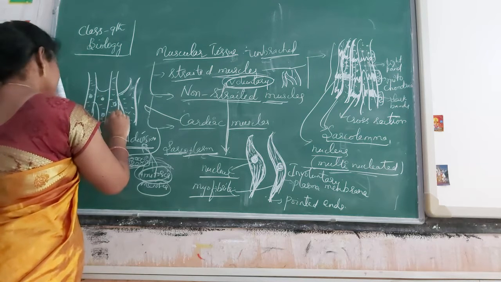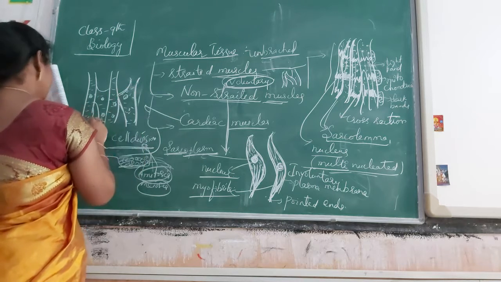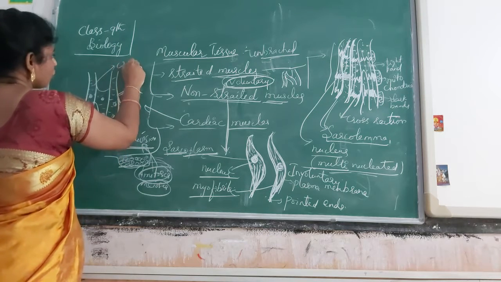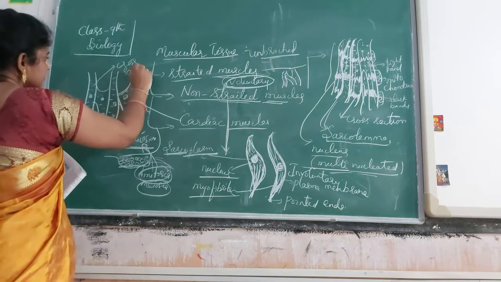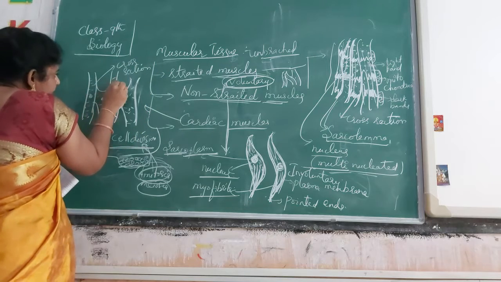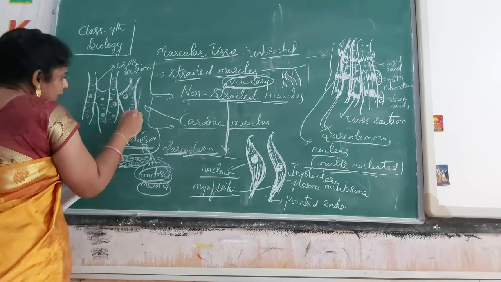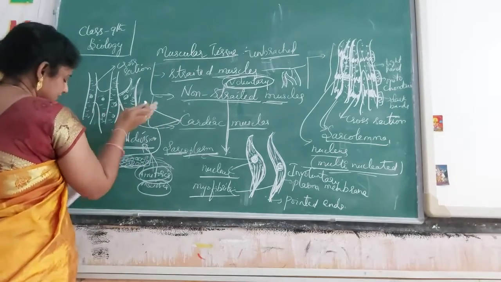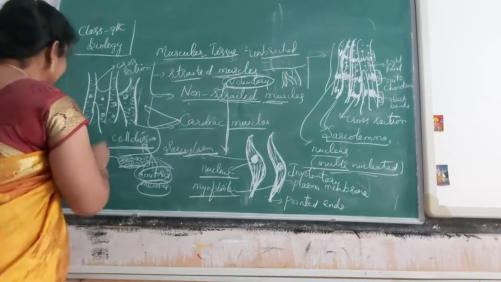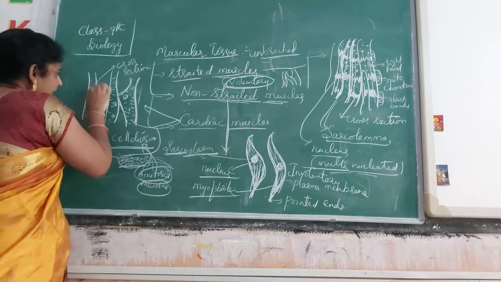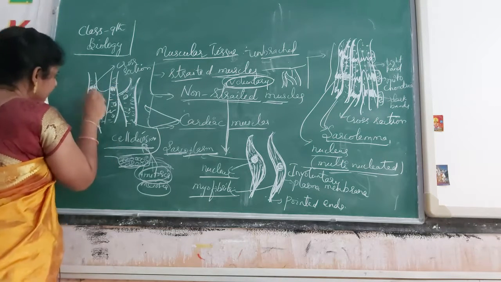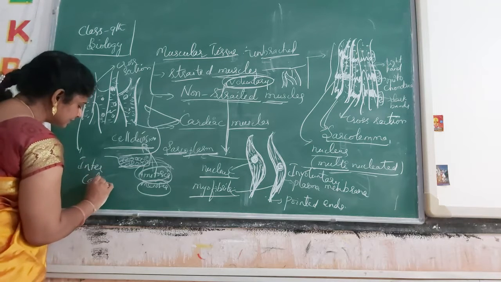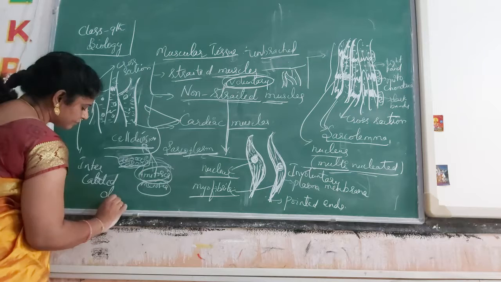It contains nucleus. These are called cross sections. See here, cross sections, whatever is present in this cardiac muscle. Intercalated discs are also present, like these discs are present, those are called intercalated discs.